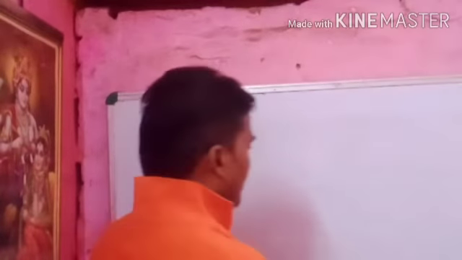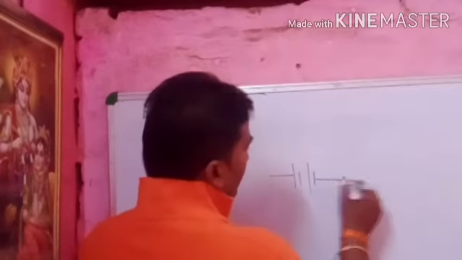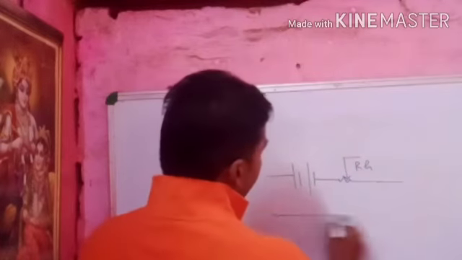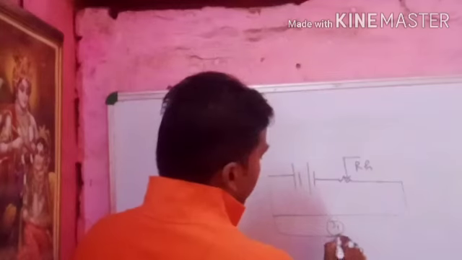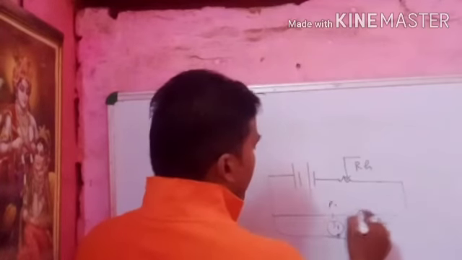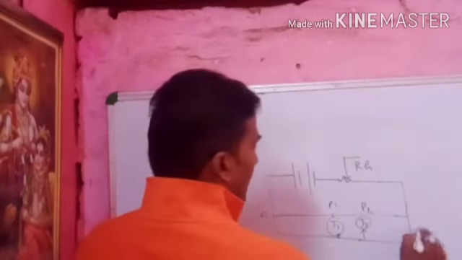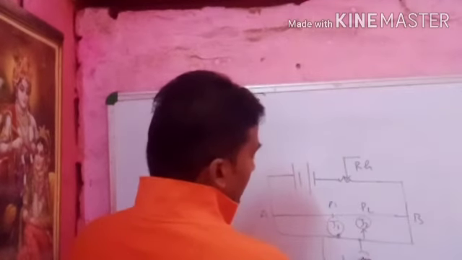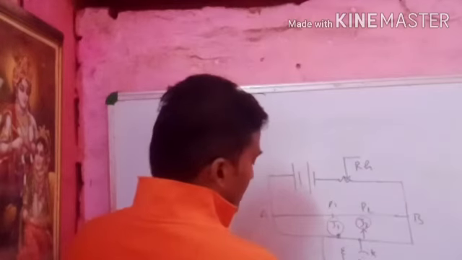And once again we draw the circuit diagram, using one cell, one key and a resistance box.